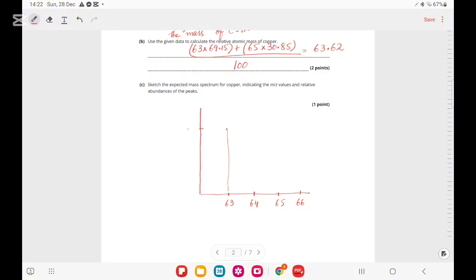This axis is for relative abundance, and this axis is for mass-to-charge ratio, and at 65 it is going to be 30.85. We can mark it up to here.